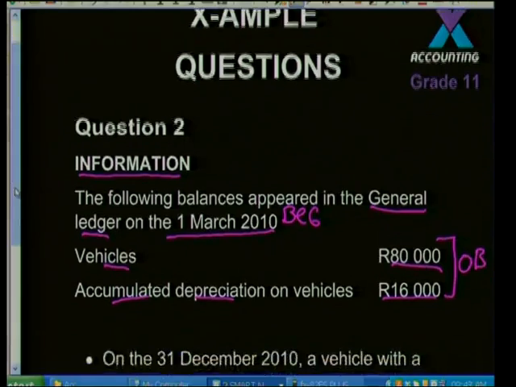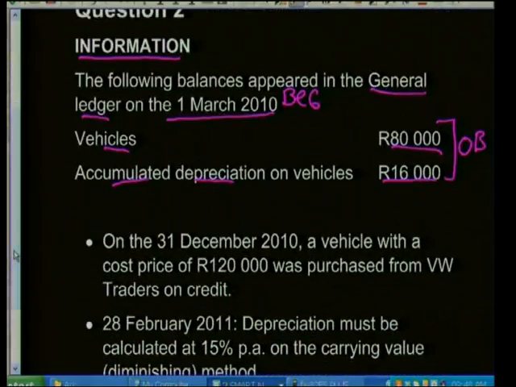Then further down, we're now coming to the actual adjustments and additional information. On the 31st of December 2010, so this is obviously during the financial year, a vehicle with a cost price of 120,000 was purchased from VW Traders on credit.